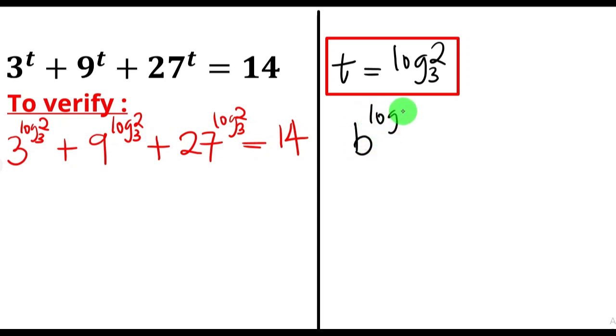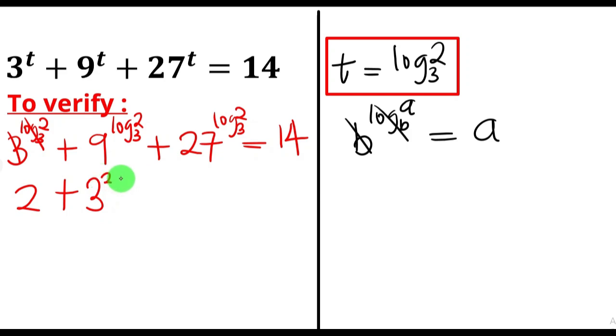To simplify this, we're going to need the logarithm identity that says that b raised to the power of log of a base b gives us a. Applying the same rule here, we're going to have 2 here. Plus, we're going to write this 9 in index form, that is 3 raised to the power of 2 log of 2 base 3. Then the same thing to 27, that is 3 raised to the power of 3 log of 2 base 3.